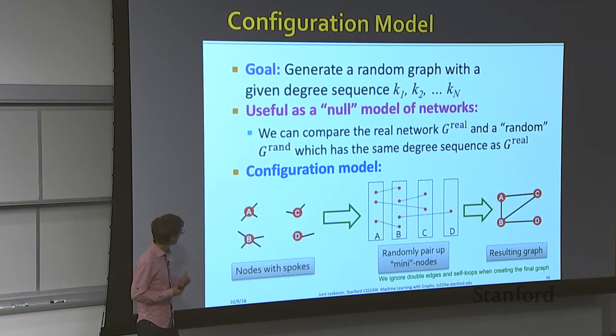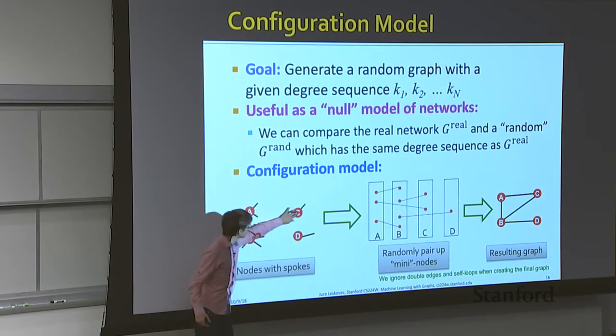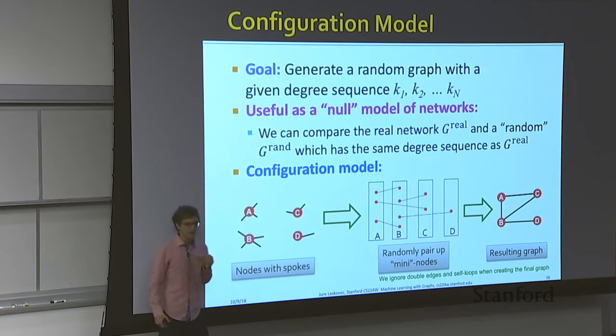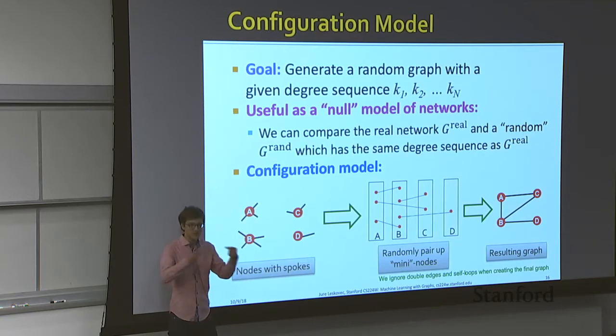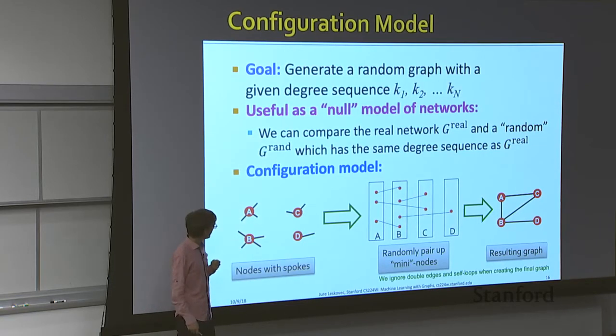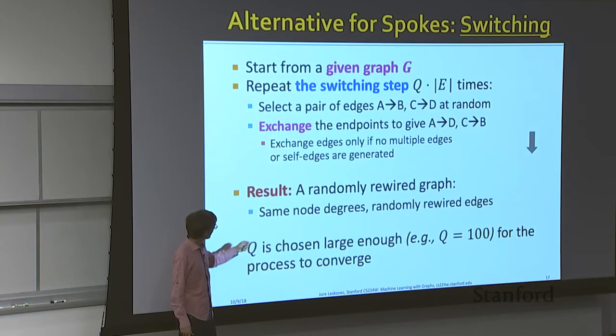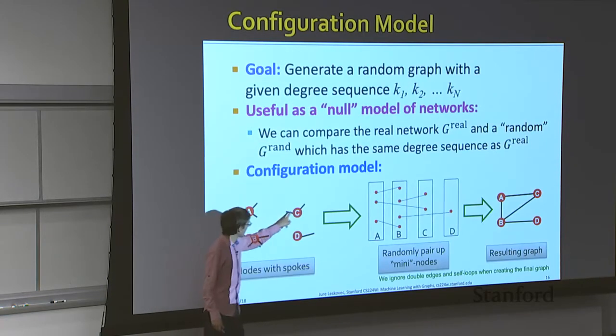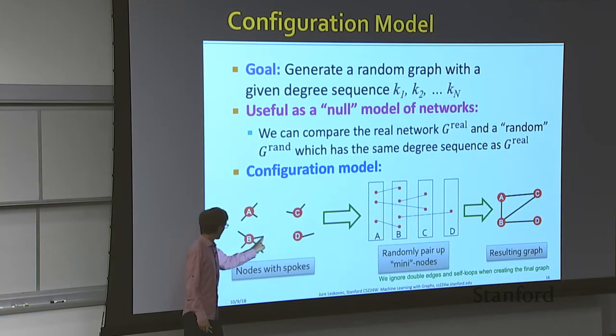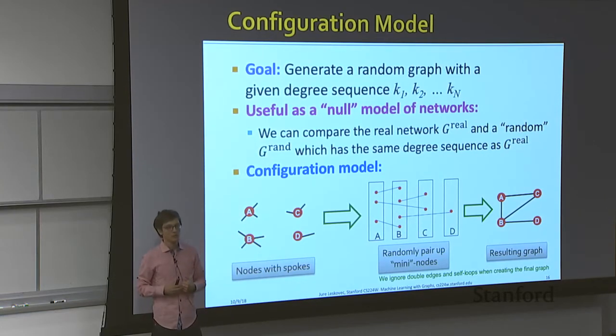Essentially, we think that we have the nodes, and each node has a given degree. We think of these nodes as having spokes, these half edges. All we have to do now is connect these half edges with each other to get a random graph.